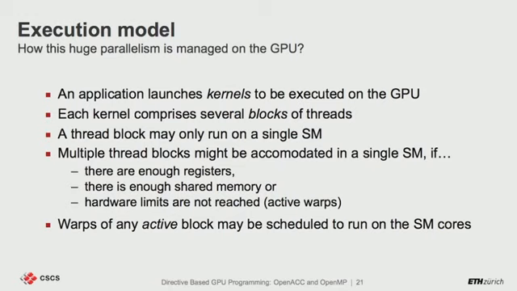So every time one full warp will be selected to run, and then the next one, and then the next one. So you should remember that this goes by 32.